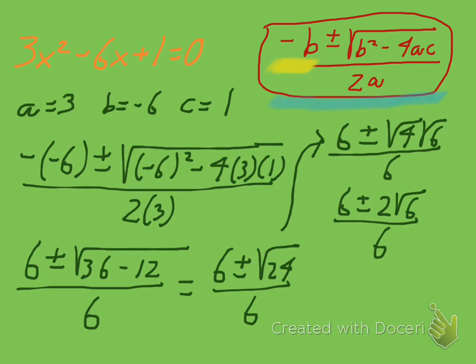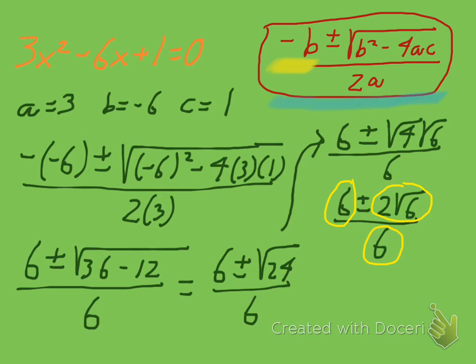Now there is one last step that I've got to do. I've got to treat each of these terms that I'll circle, 6, 2 square root of 6, and 6, as 3 separate terms. So I've got to see what they have in common.